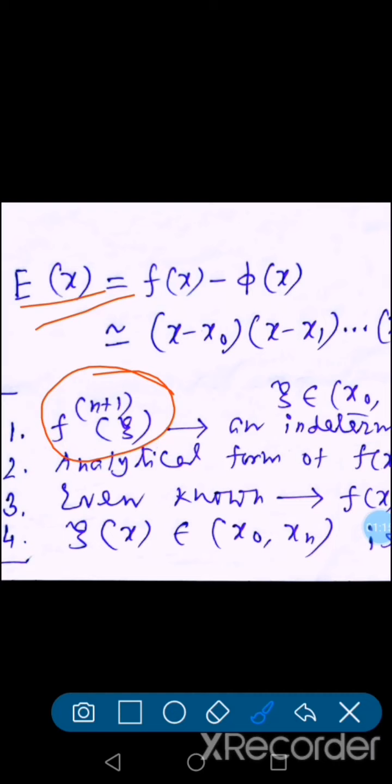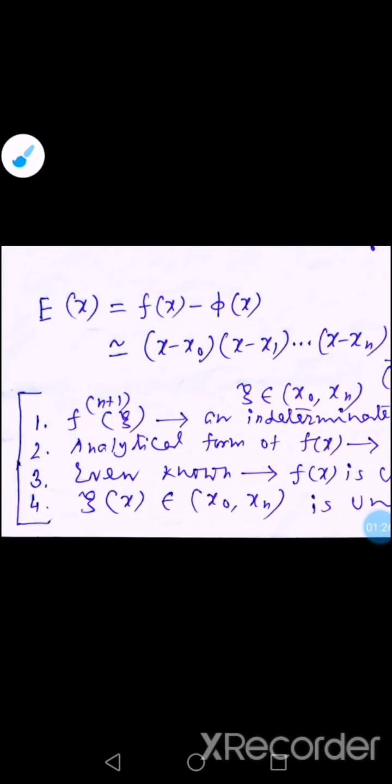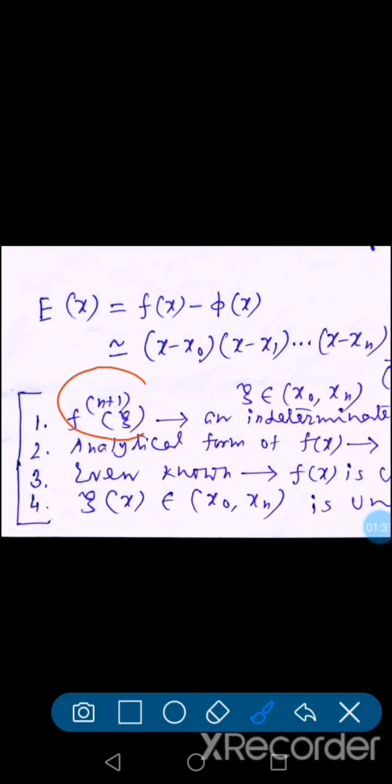Number 2, we know from interpolation that the analytical form of f(x) is unknown in most cases. That is, f^(n plus 1)(xi) cannot be evaluated. Even if in some cases the analytical form of f(x) is known, still we cannot evaluate the term f^(n plus 1)(xi) due to its complicated nature.